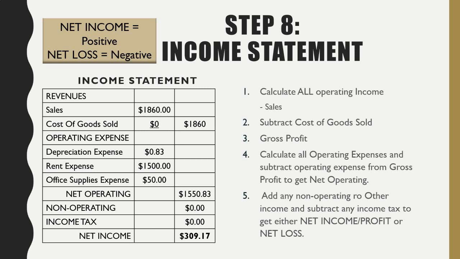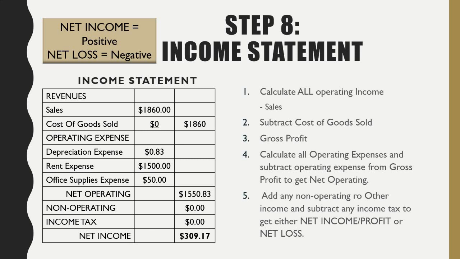Gross profit means this is what we've earned after countering our cost of goods sold. Once you've done that, you're going to take your gross profit and subtract out every single operating expense that you incurred for that current accounting period.